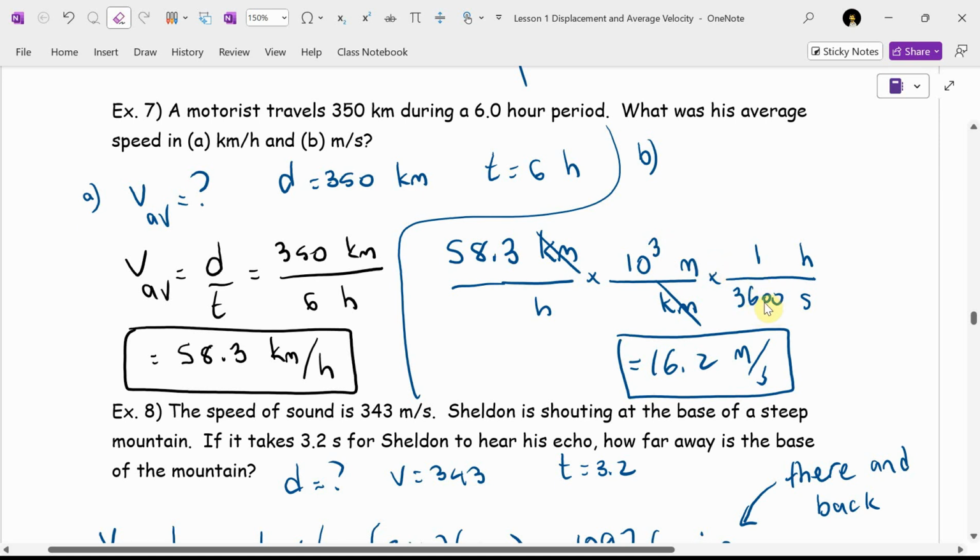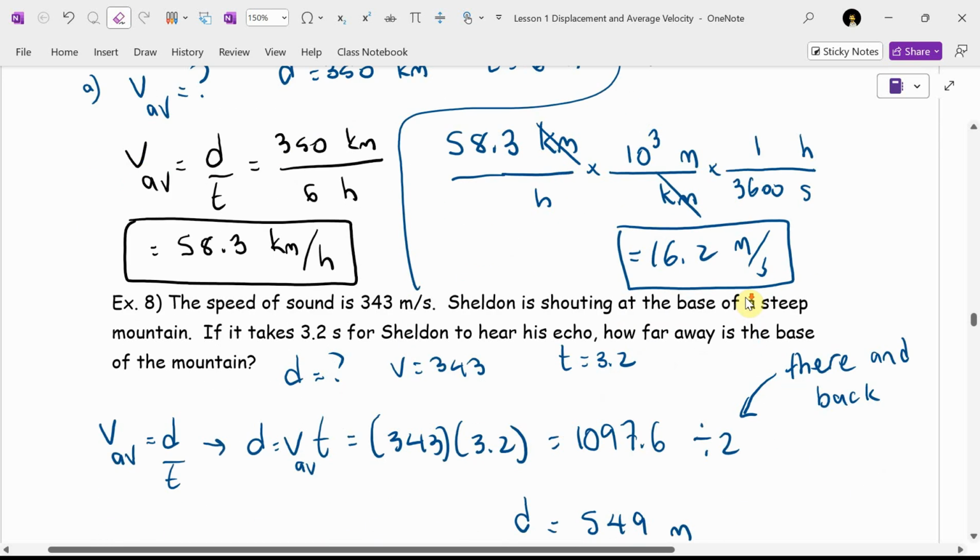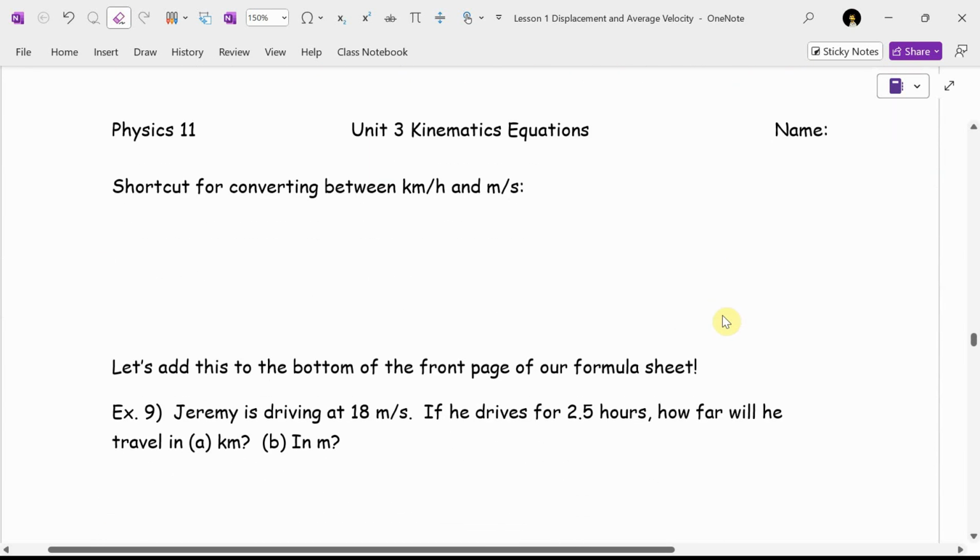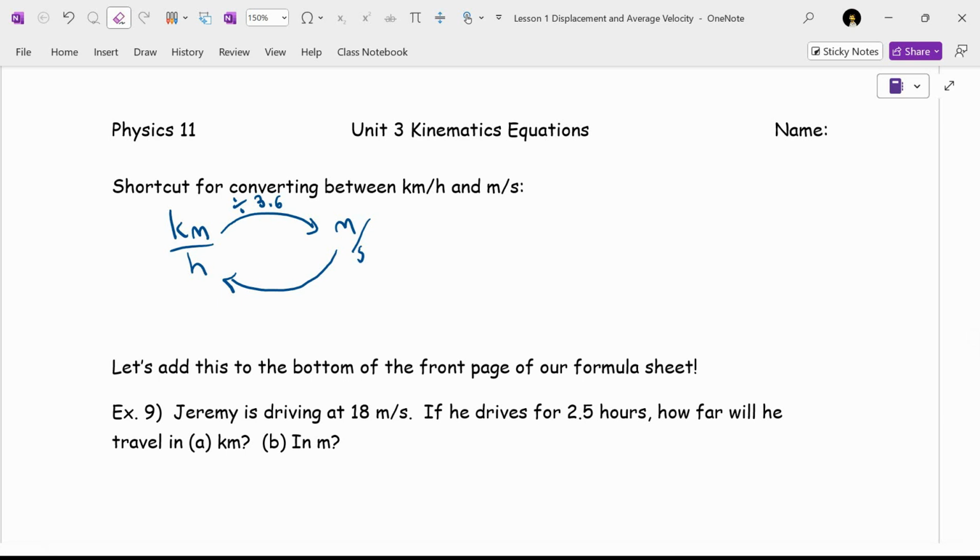Really what we did is we divided by 3.6 because the thousands would cancel out. So to go from kilometers per hour to meters per second, if you draw a little arrow, it's divide by 3.6. Anybody want to guess if you're going to go from meters per second to kilometers per hour, what you do with the 3.6 instead?